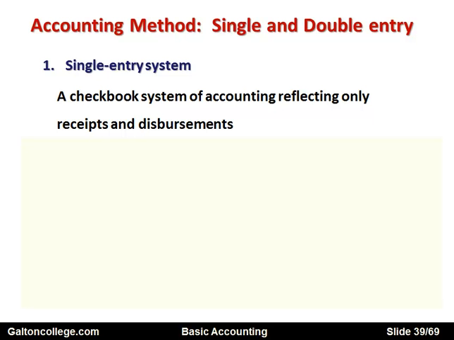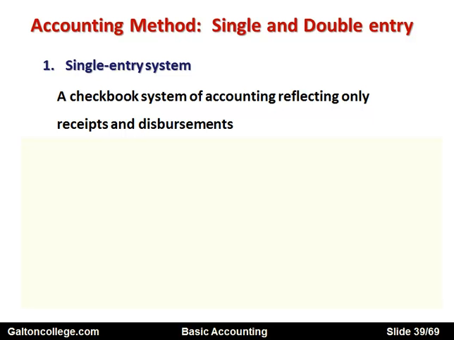So the bank will show a debit. The balance in the bank will have been reduced, and the raw material stock will have been increased. So there are two sides to it, but only one side's really recorded, the side that says that we purchased raw materials, but no other records are updated. So it's single entry.